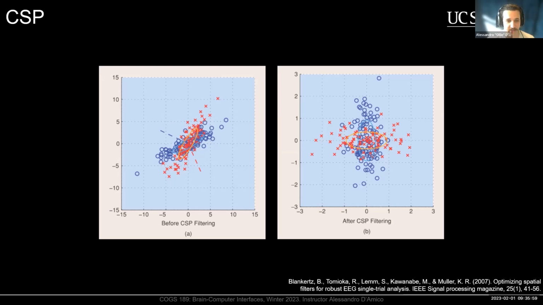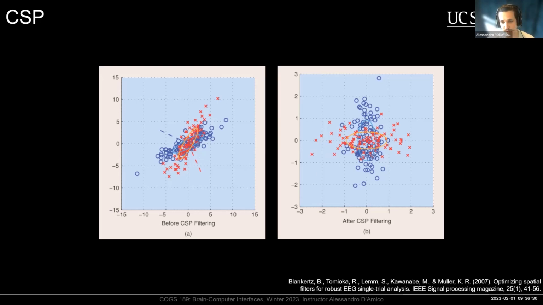And again, this is not particularly useful because there's a lot of mutual information, right? These signals are correlated, and we can tell because they're not perfectly orthogonal, they're not perpendicular to each other. So what we'd want to do is learn some sort of transformation, some set of rotation and scale that maximizes the variance for one class in one dimension and minimizes variance for the other class in that same dimension, and then vice versa for the other dimension.